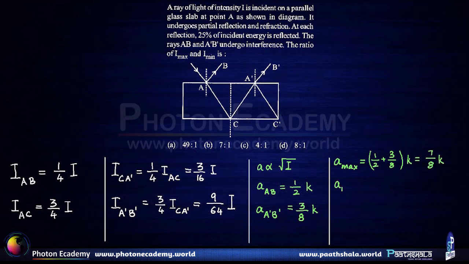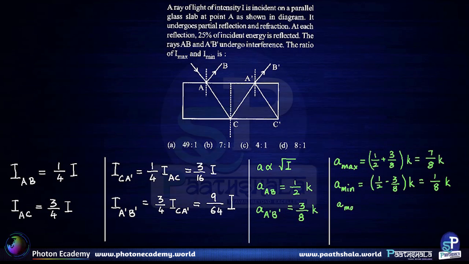And the minimum amplitude is (1 by 2 minus 3 by 8) into k, which is equal to 1 by 8 k.